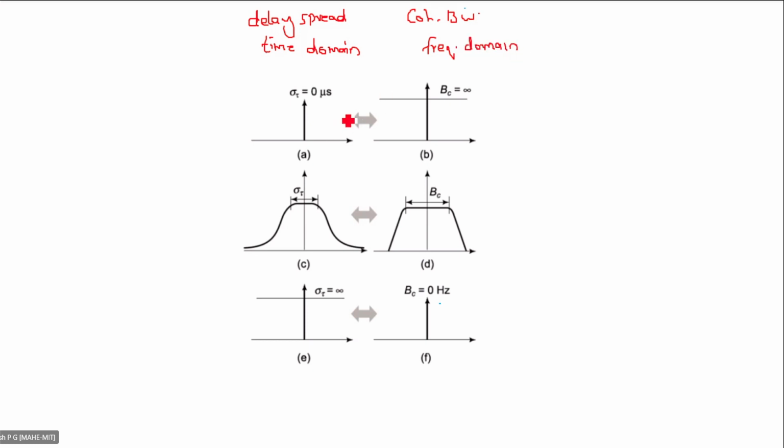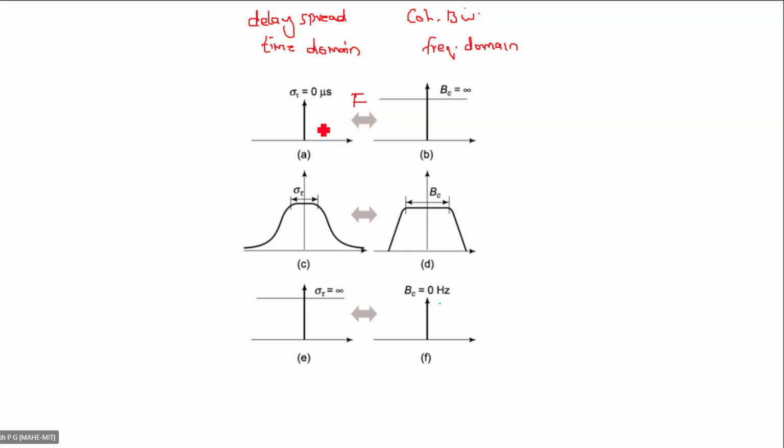So let us consider case A, where you have sigma tau equal to 0 microsecond, a spike at 0 microsecond. The corresponding frequency domain version is a constant signal.